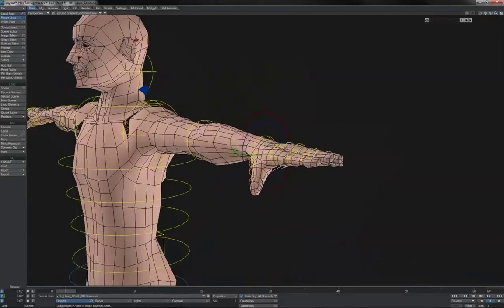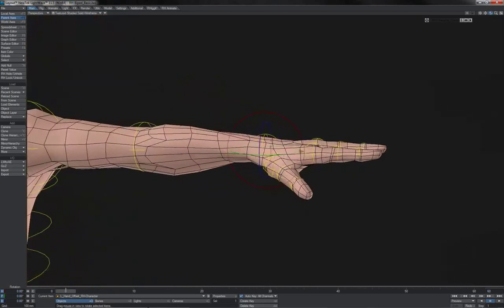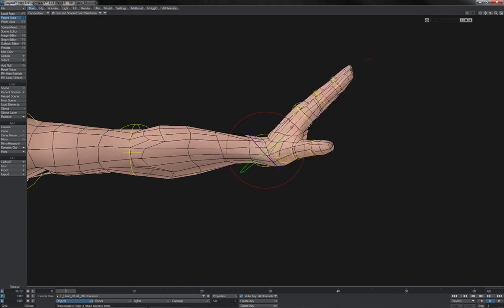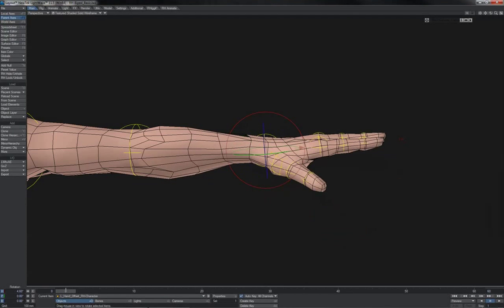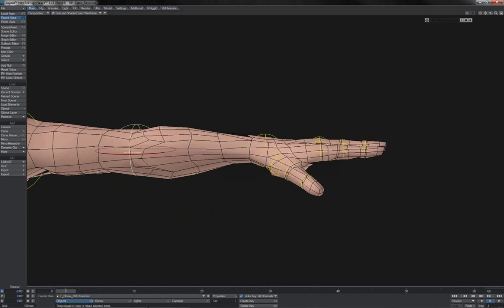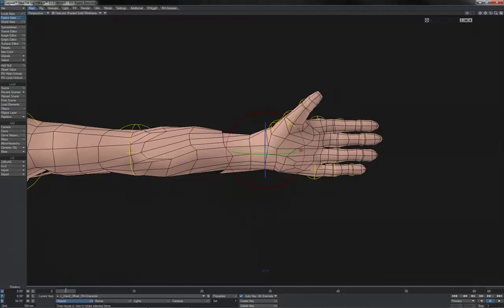And of course, in relation to twists, there's also areas that are worth paying attention to, such as the hand and forearm. This pose, known as the palms down, where the action of the palm or the line of the palm is set at 90 degrees to the action of the elbow. In this pose, the forearm is actually twisted. This is its pronated pose. The alternate is, of course, the palms forward pose.